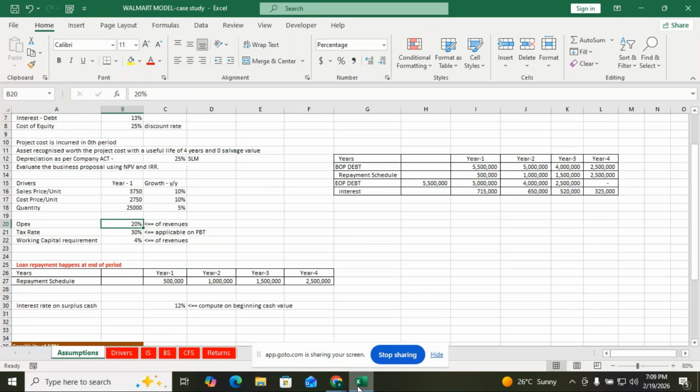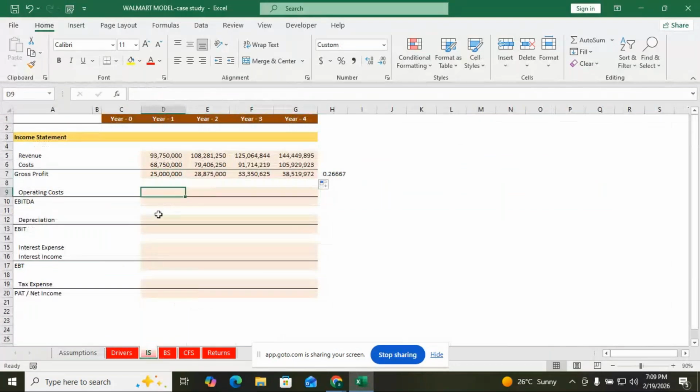I'll go back to your income statement here. Equals to revenue into 20%. And for the rest of the years, compute.